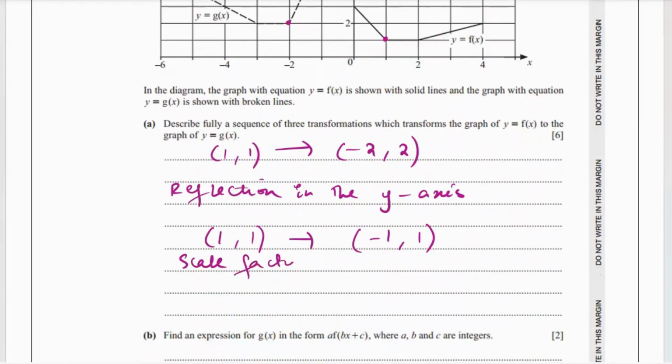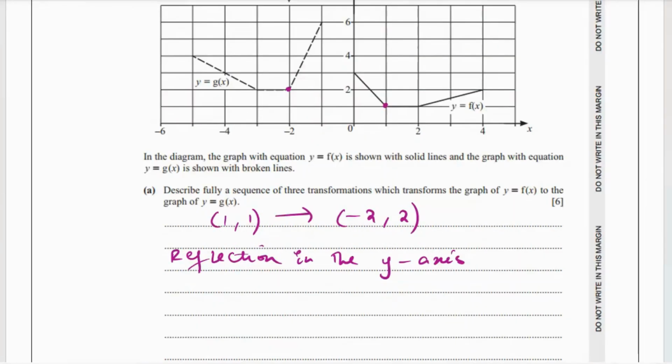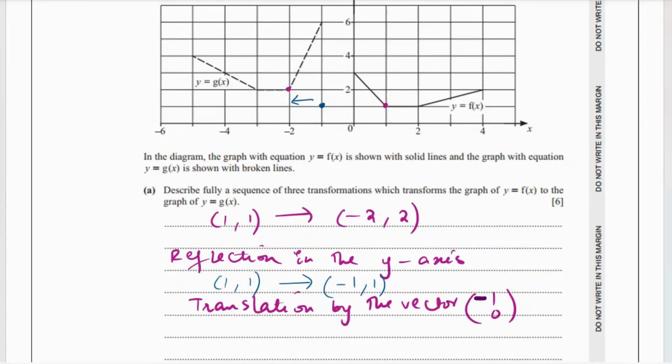Now when we reflect this in the y-axis, it should come over here firstly. So from 1, it goes to negative 1 and 1. So it's going to be a translation by the vector negative 1, 0.